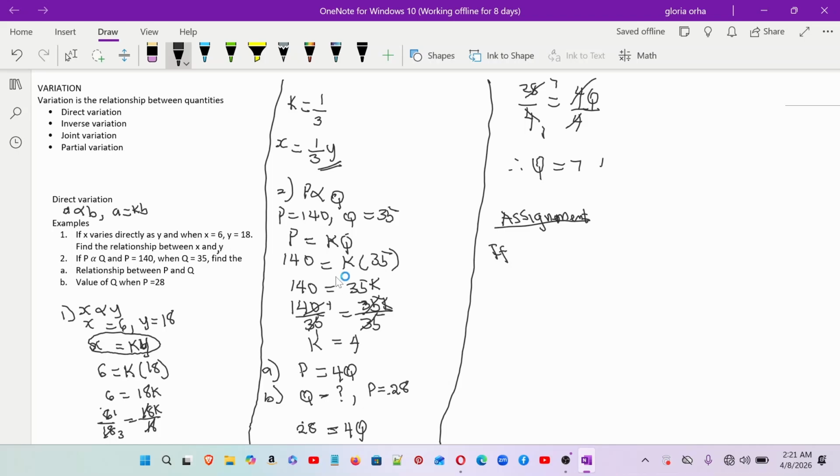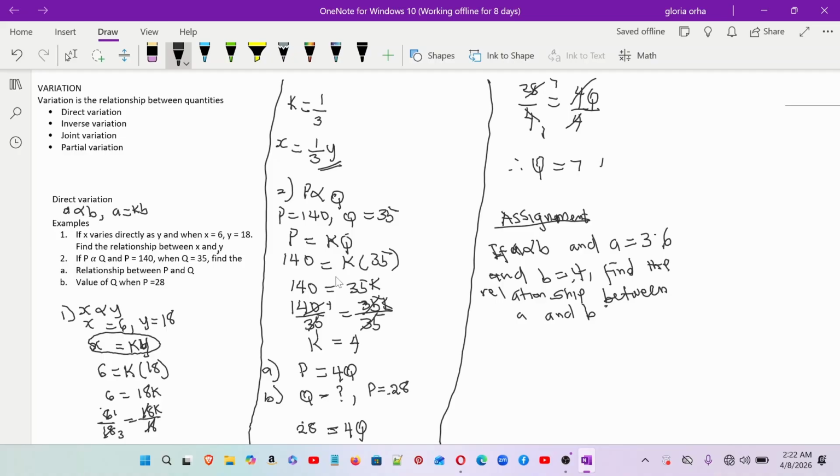If A varies directly as B and A equal to 3.6 and B equal to 4, find the relationship between A and B. So solve and leave your answer in the comment section.